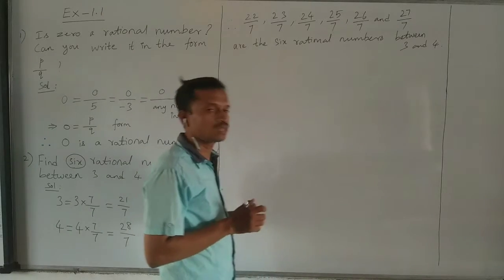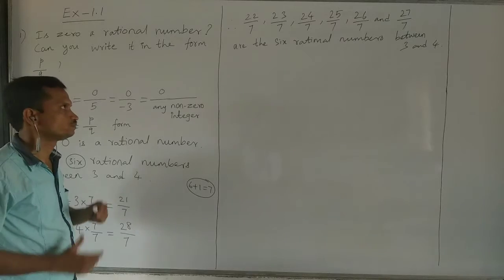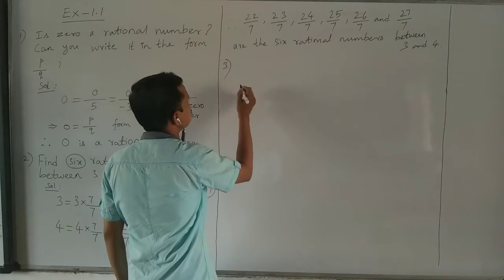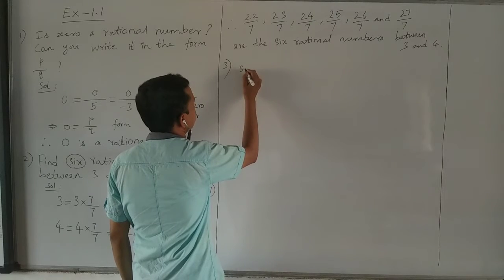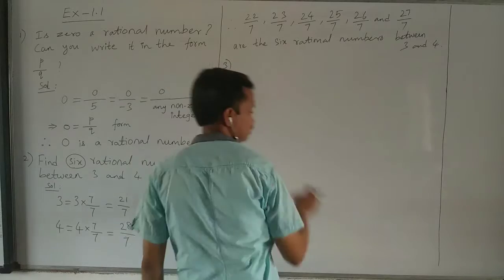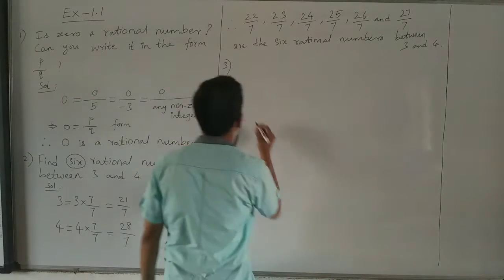So these are the 6 rational numbers between the given two numbers 3 and 4. And now coming to question 3, the solution part, I am writing. The first one we are asking is 5 rational numbers.